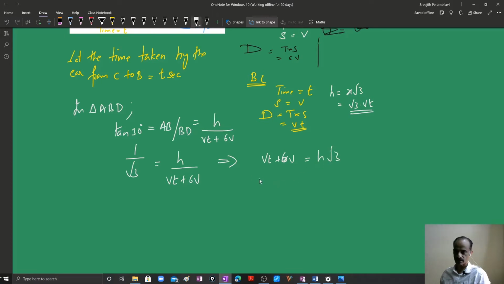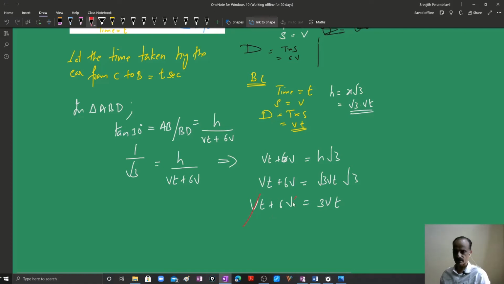What is h root 3? Here h is root 3 Vt, so h root 3 is root 3 Vt into root 3, that is equal to 3Vt. Vt plus 6V is equal to 3Vt. We can cancel V everywhere.